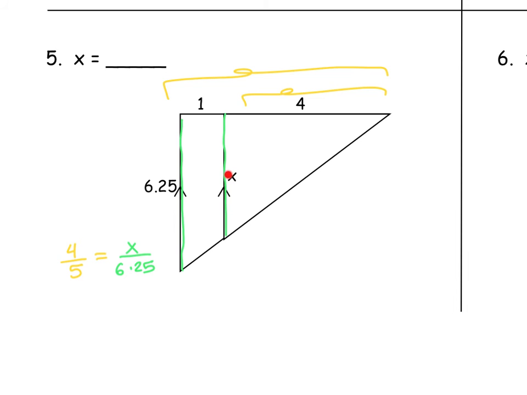Again, one side from the small triangle over the corresponding side from the bigger triangle. Now cross multiply. 4 times 6.25 is equal to 5 times x. Now 4 times 6.25, that would be 25 equals 5x. Divide both sides by 5 and you get that x is equal to 5.